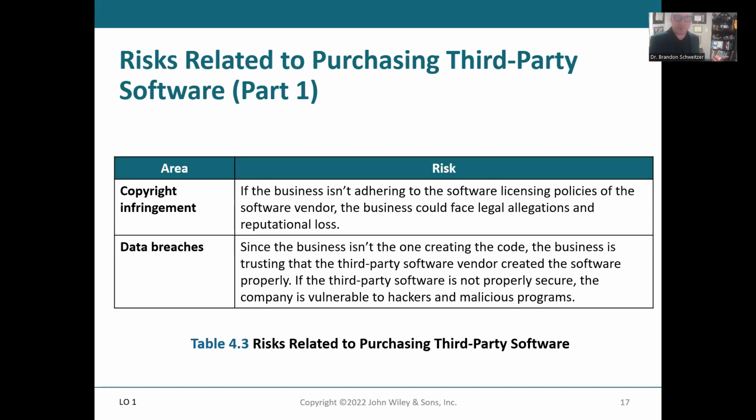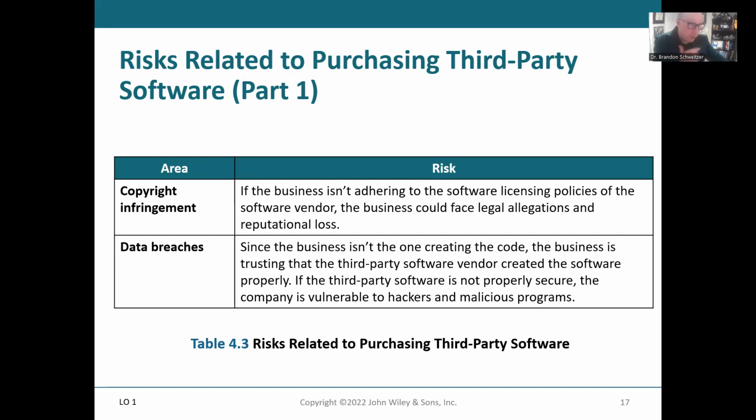So there's of course risks for both in-house development and for third-party purchases, but let's talk about third-party purchases first. Copyright infringement, there's always a risk there. If you are purchasing the software from a third party, they might not necessarily have the copyright licensing in place. So very important to check that first before you make a purchase decision.